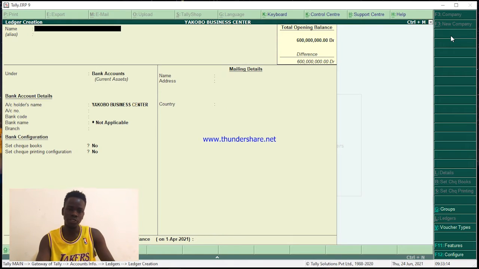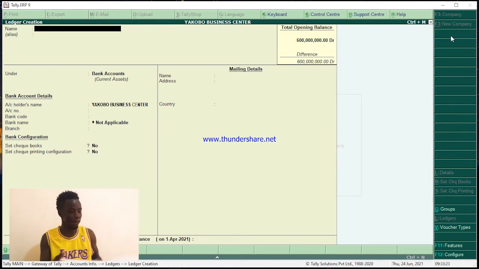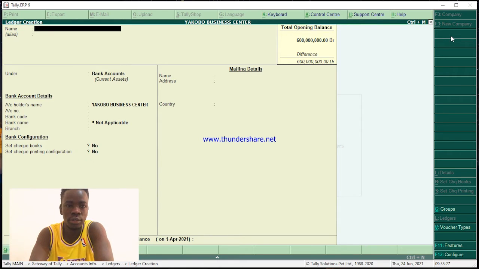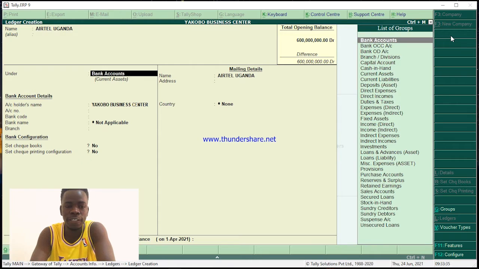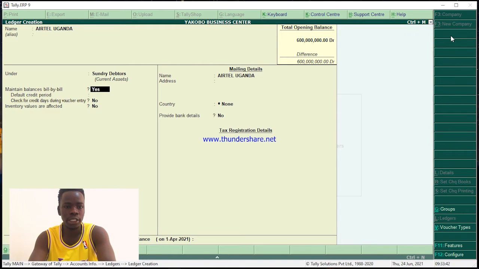The next one we're going to create is Airtel Uganda. Airtel Uganda is under Sundry Debtors, because our money is maintained bill by bill.